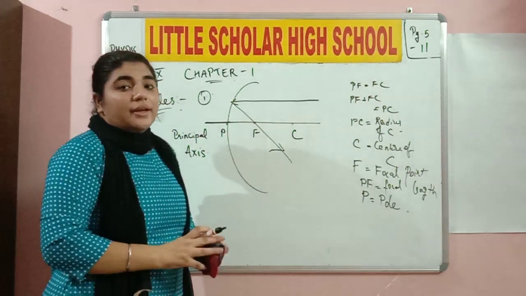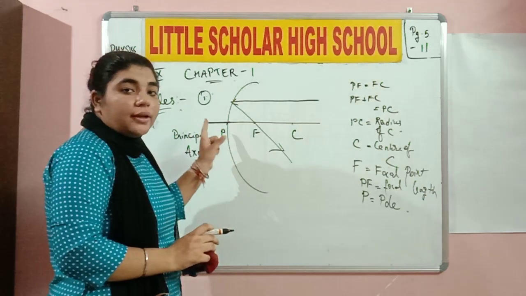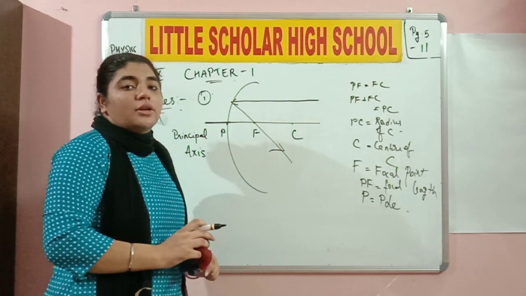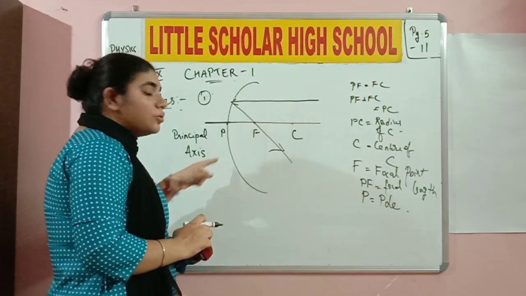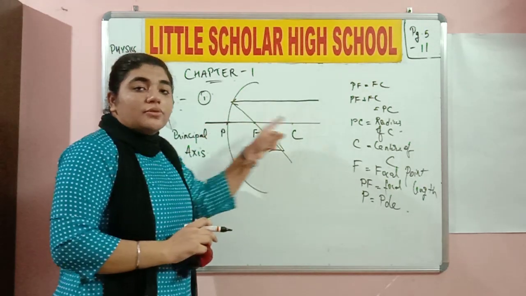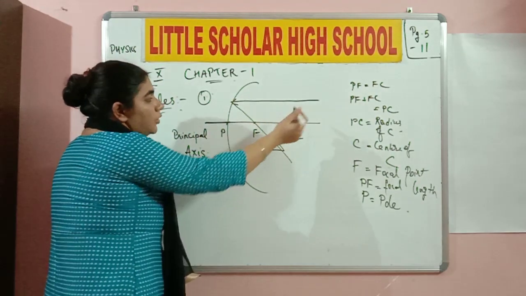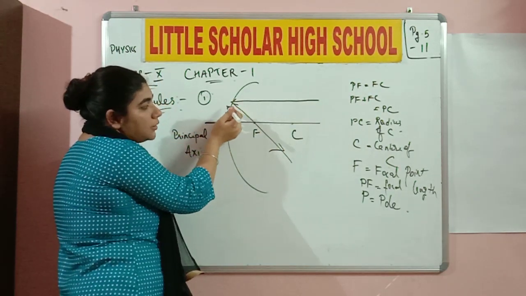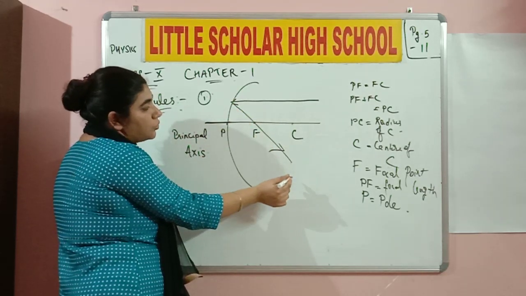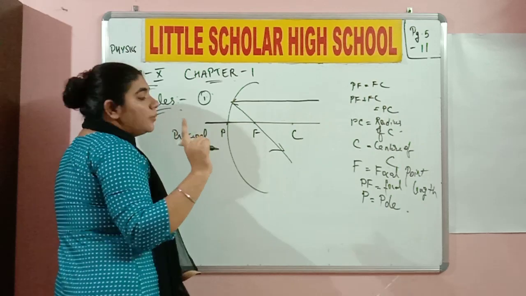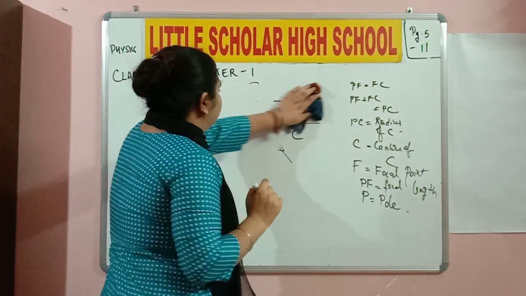Any incident ray which is parallel to the principal axis, the reflected ray is always going to pass through the focus. Similarly, any incident ray which is passing through the focus, the reflected ray is going to be parallel to the principal axis. Try to understand. This is the first one. The incident ray is parallel to the principal axis, so the reflected ray passes through the focus. This is rule number 1. Now, let's come to rule number 2.